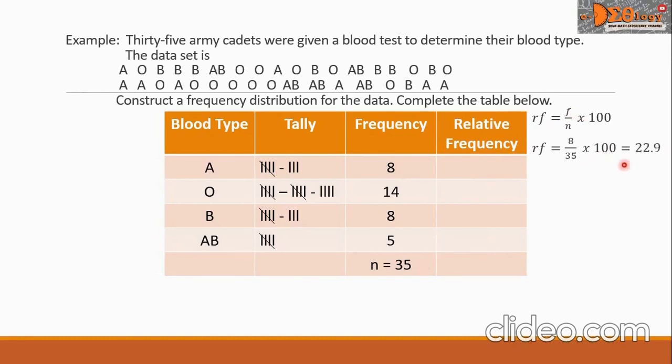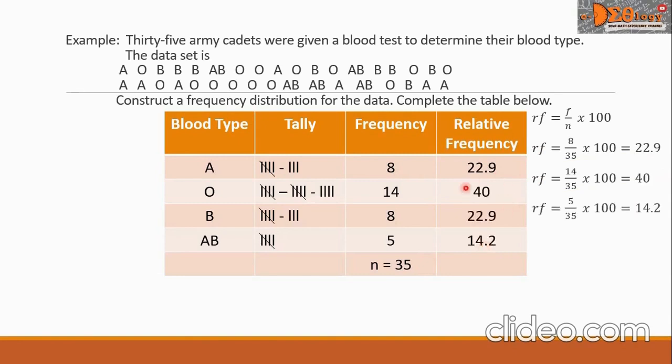And this is equal to 22.9. This value we will copy on the first blank. So there we go. And then we will use this same formula to compute for our remaining relative frequency.